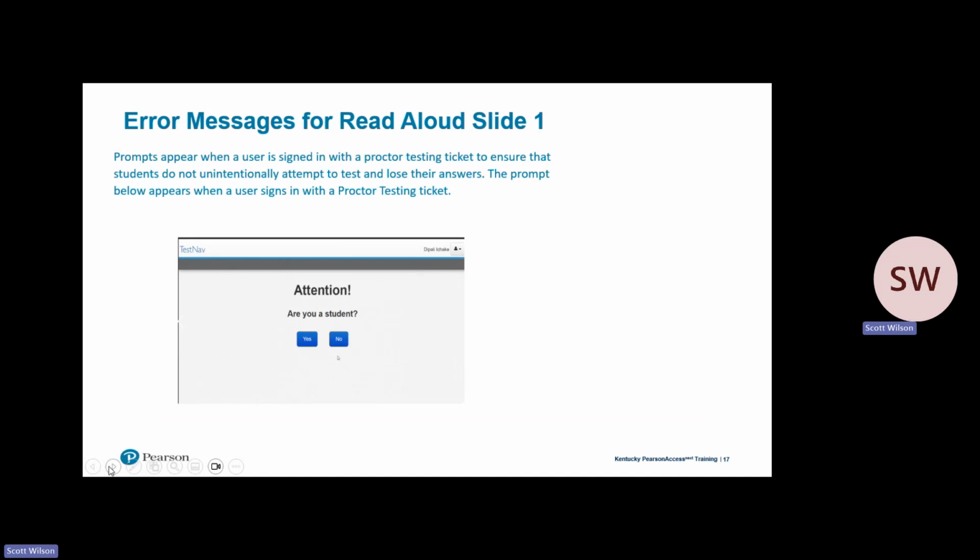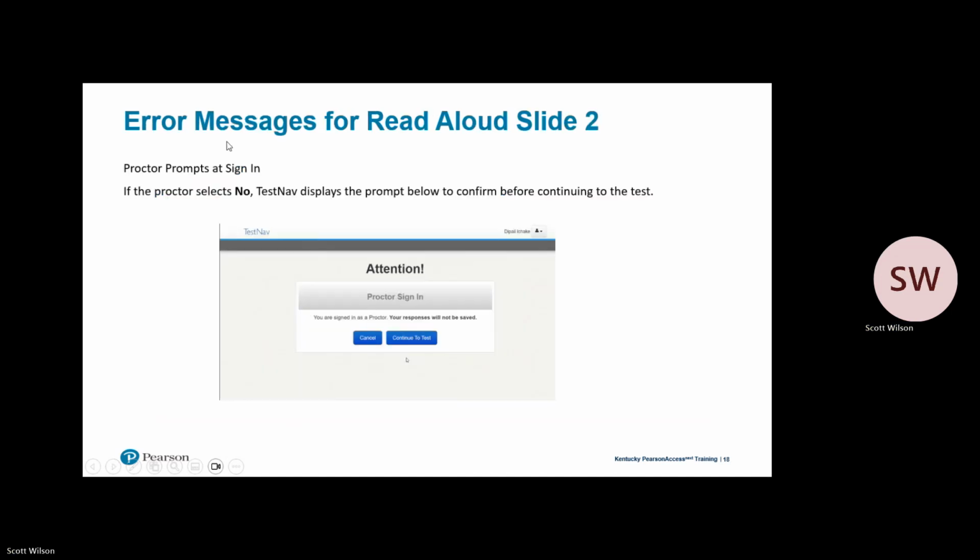So when a proctor or a student logs in with the Proctor test ticket, this message is going to pop up. And then they'll have to choose one or the other. Are you a student? Yes or no. If it's the proctor, they select no, and TestNav displays the prompt below that says continue to the test.